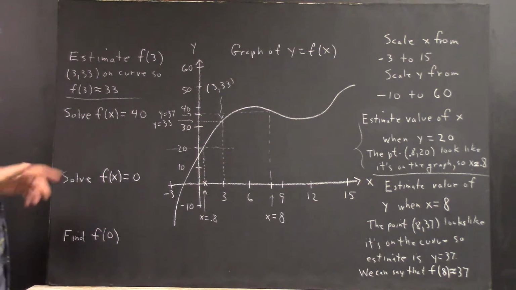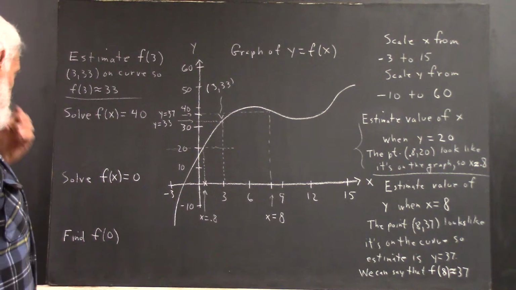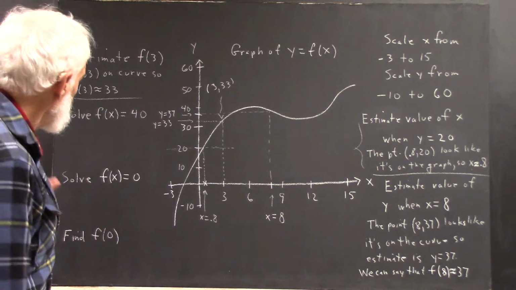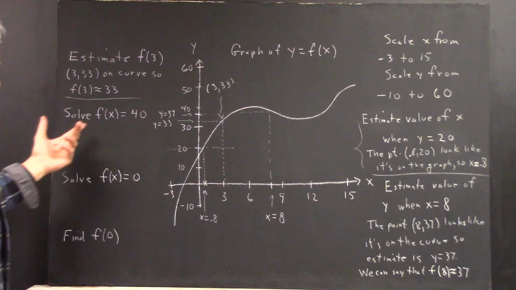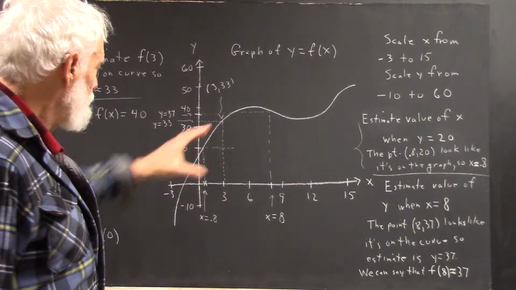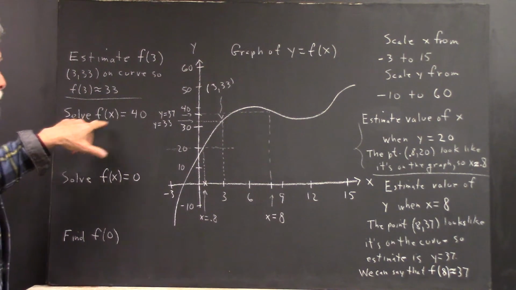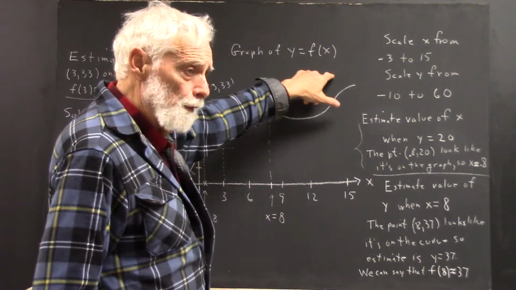Now, the next question asks, solve f of x equals 40. Well, we've got to do a little thinking here. What does this mean? This is an equation. We don't have any algebra that allows us to solve this equation. All we have is a graph. Well, remember the graph is y equals f of x.